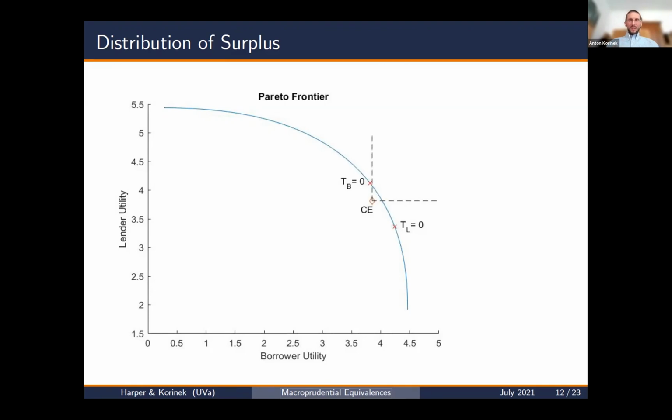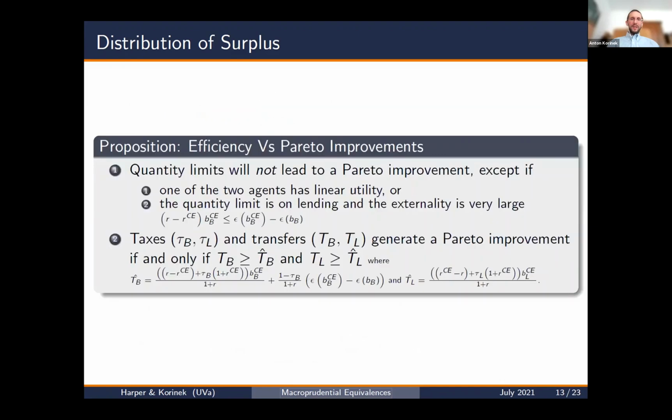Now, one of the first really interesting distributive results in our paper is that if we impose quantity regulations on either borrowers or lenders, we will in general not achieve a Pareto improvement, except in two knife-edge cases. One is the case in which one of the two agents has linear utility, and then their welfare is constant when we do something to the other one. That's the case that a lot of our banking setups implicitly or explicitly assume.